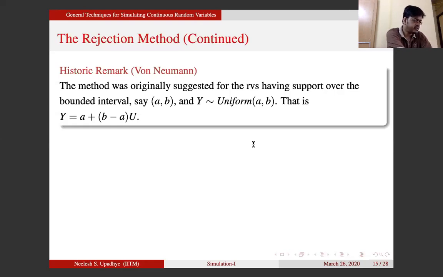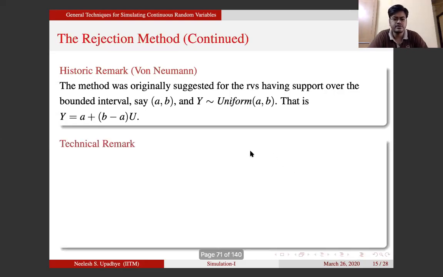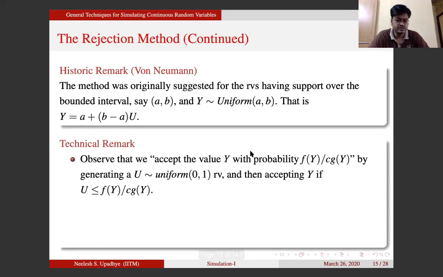Now, there are some other remarks which are somewhat technical. In a sense, if we want to do something better in this random variable generation procedure, first, we have to see that we accept this value Y with probability f(Y) by c g(Y) by generating U as a uniform random variable.